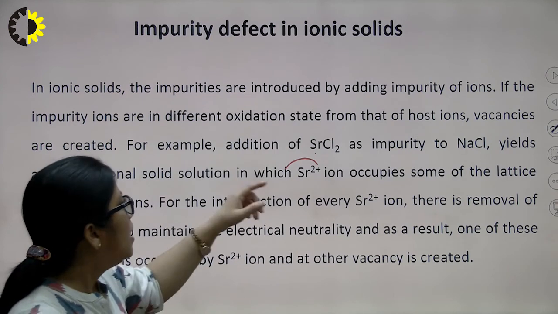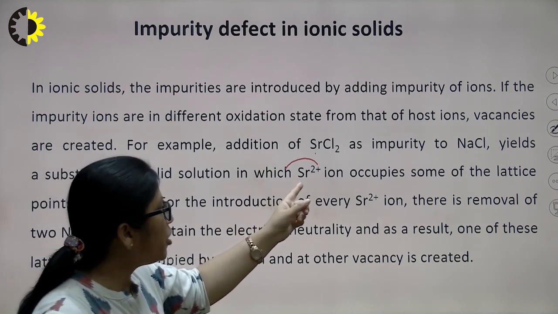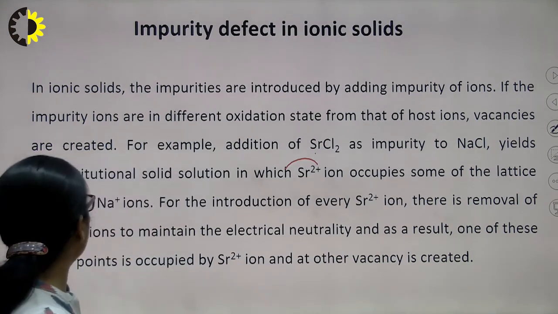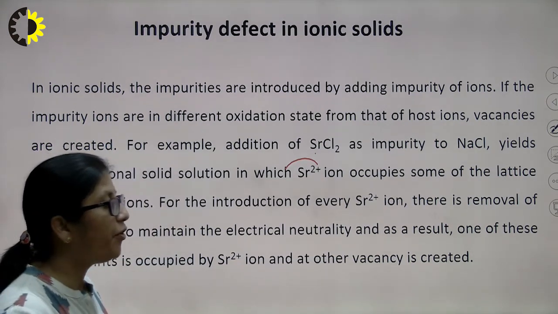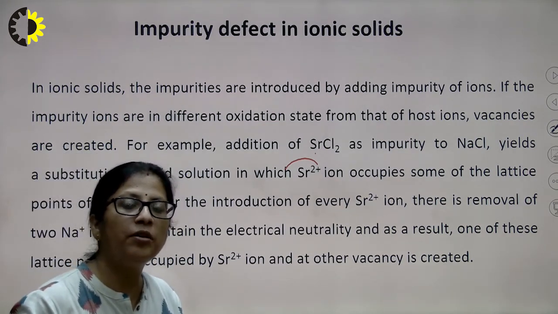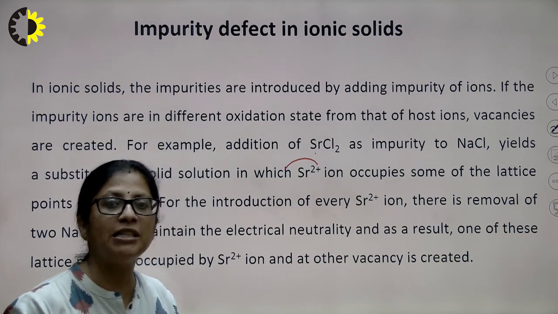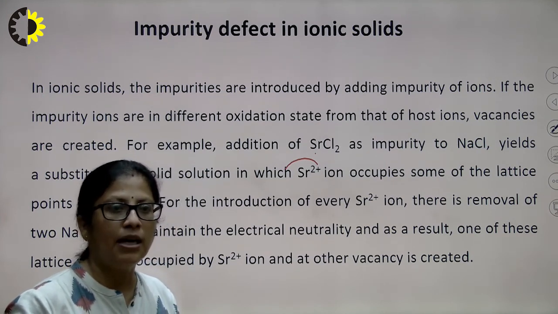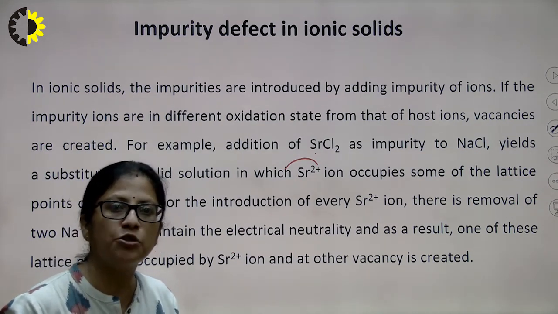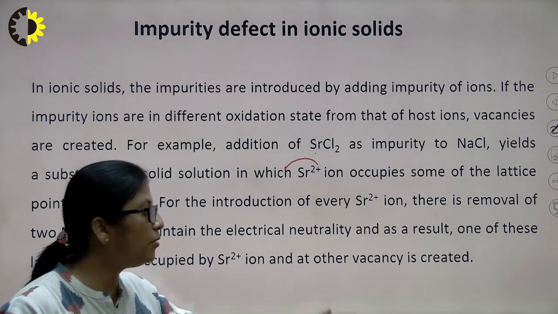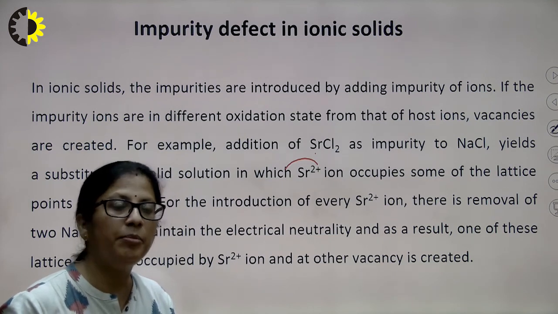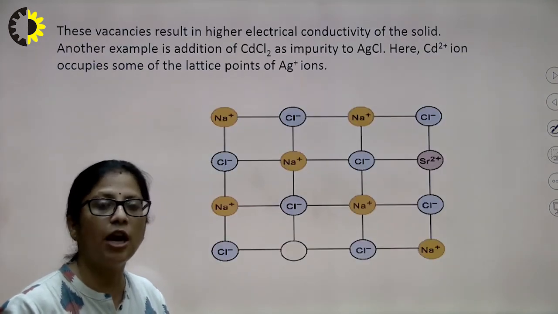So, these strontium ions occupy the lattice points of sodium ions, and for every introduction of these strontium ions, there is going to be removal of 2 sodium ions to maintain electrical neutrality, and as a result one of the lattice points is occupied by the strontium, whereas the other one is going to be vacated, it will be left unoccupied.